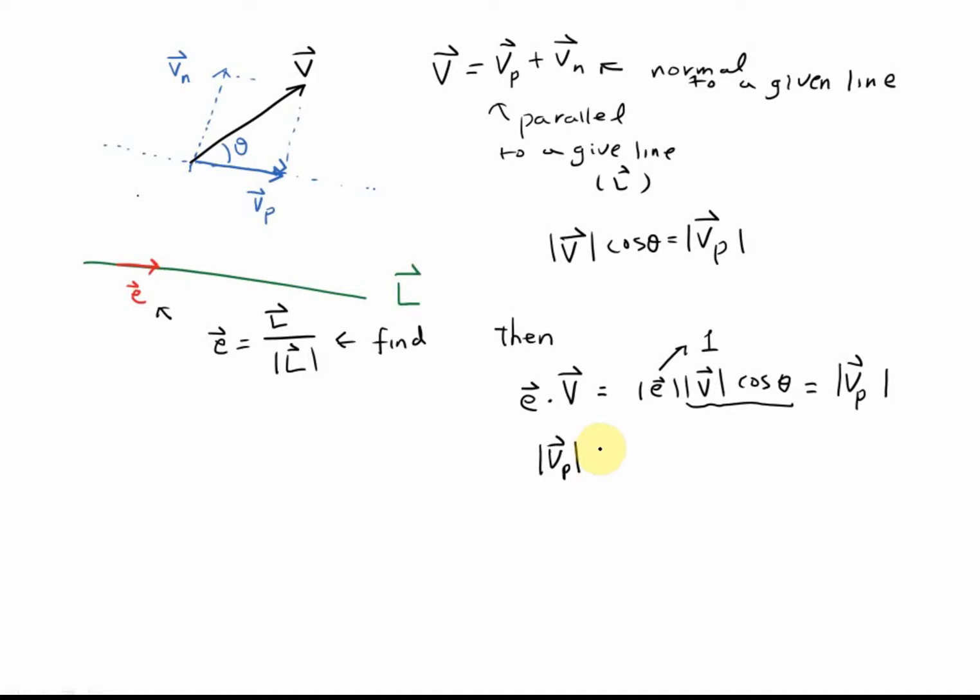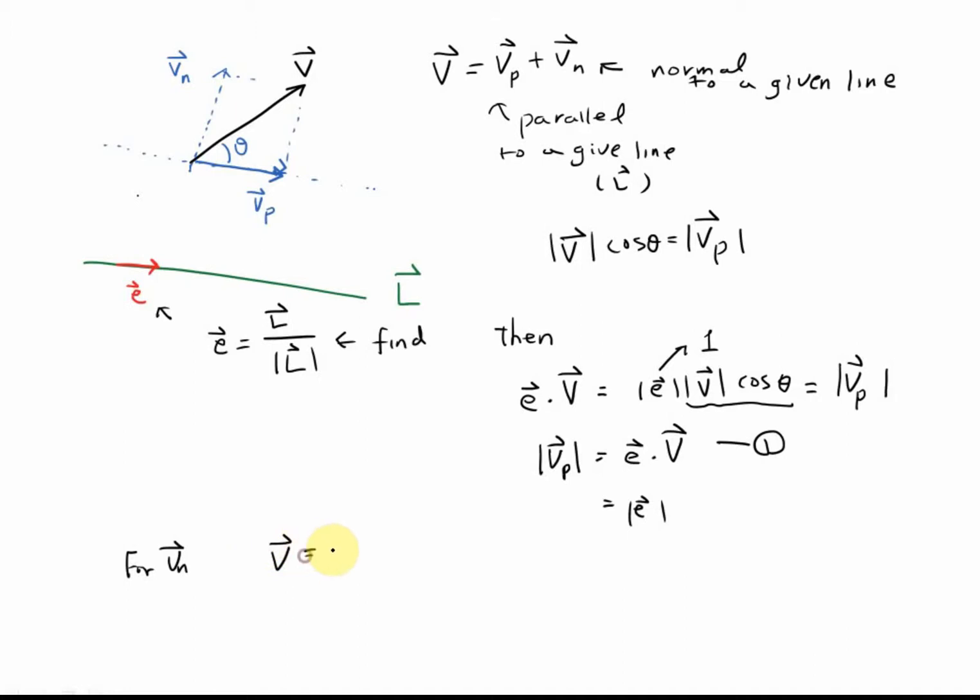The component parallel to a given line, Vp, is just the dot product of the unit vector of the given line and your vector of interest. So this is one. And then let's get the normal component Vn.